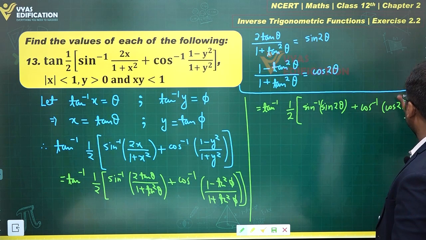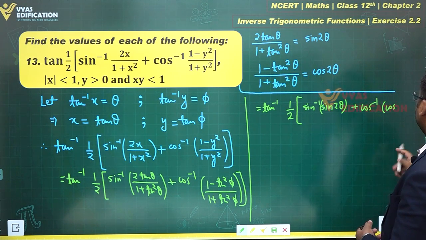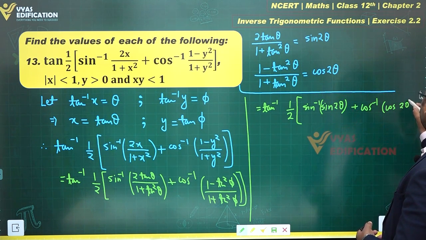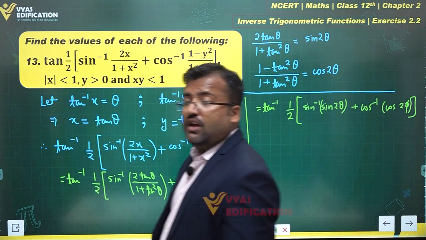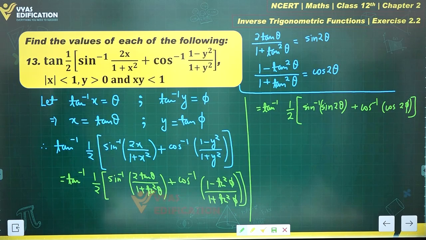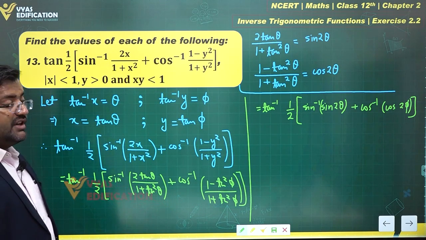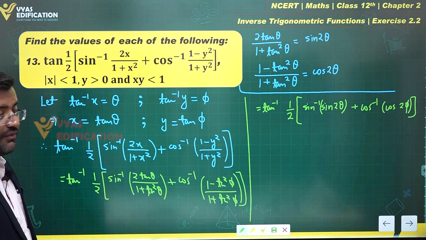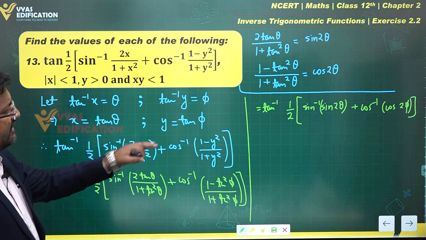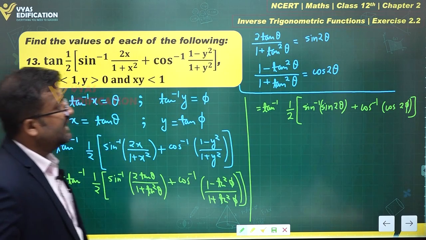Mind you, this is cos 2 phi. Right, this is what you have. What next? What about the values after this? Sin inverse sin 2 theta can be written in terms of theta, and cos inverse cos 2 phi can be written in terms of phi, and the conditions that are given will be useful for that only.